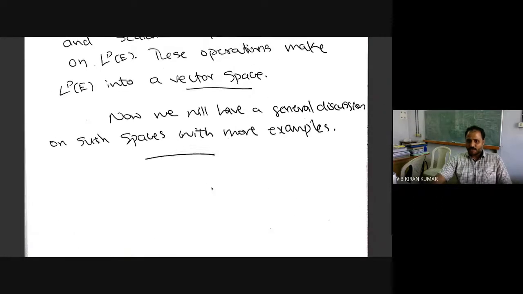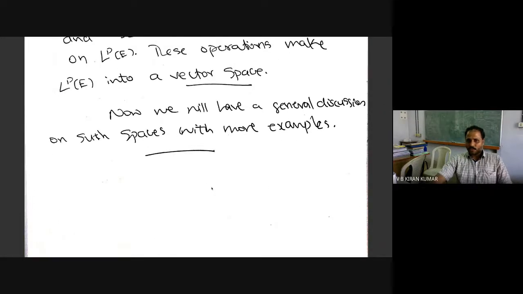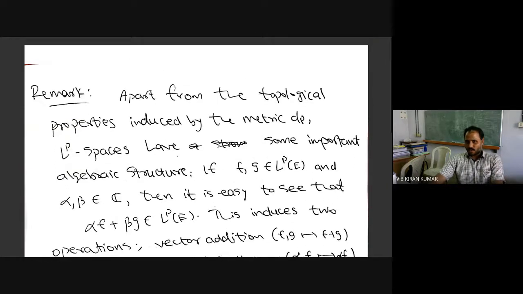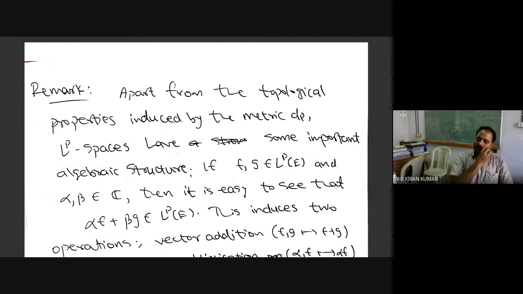Now we are going to have some general discussion on vector spaces. We obtained a rich supply of examples of vector spaces. We already proved that it is a complete metric space, and completeness is an analytical property using the metric space structure.